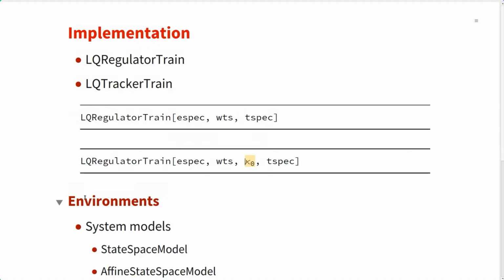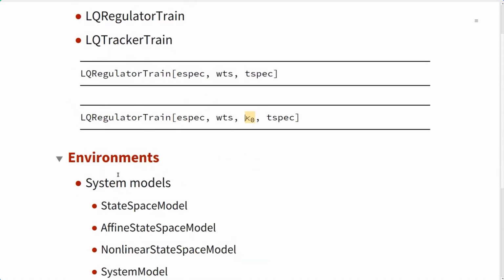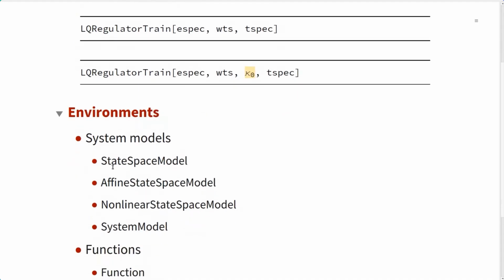Where this method expands on the previous approach is in the environments that can be specified, because it really doesn't need to know the internals of what's in the environment. Of course, it accepts all the models that the control functions supported earlier. But the difference is, even if you give one of these, it's not looking into the internals of the model.